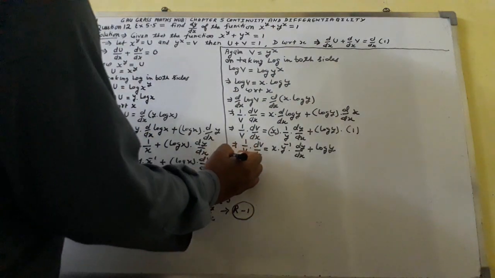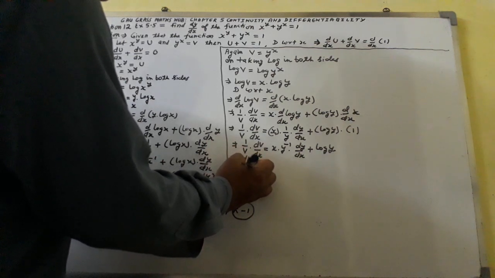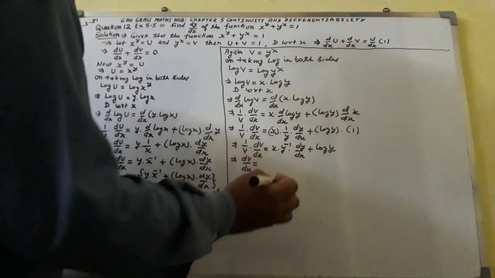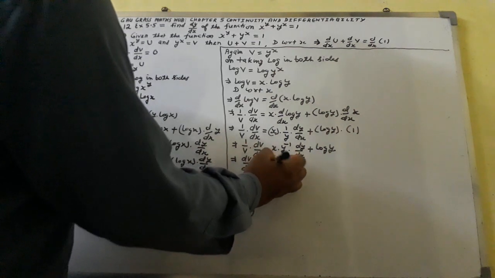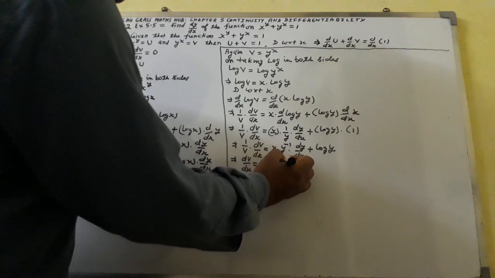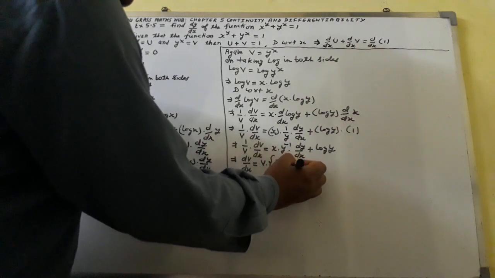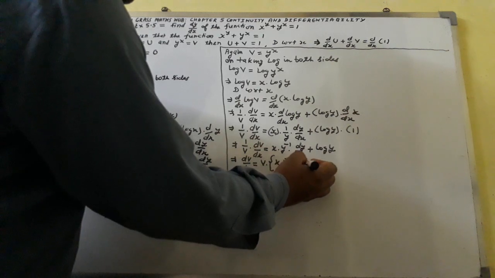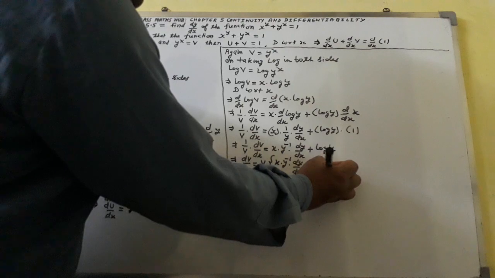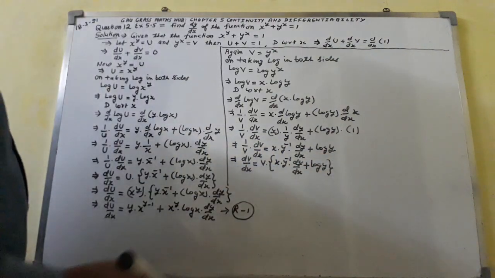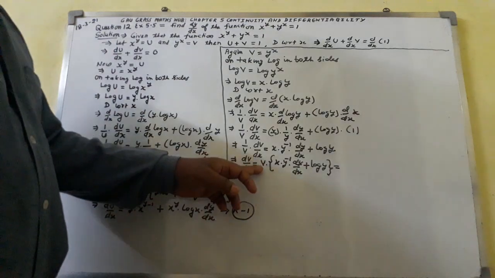Again I shall write dv over dx comes out to be v dot open curly bracket x dot y raised to power minus 1 dot dy over dx plus log y close curly bracket. Here I shall put the value of v.